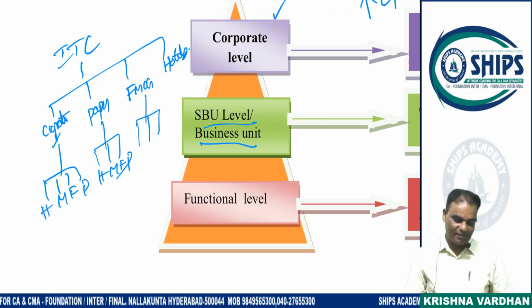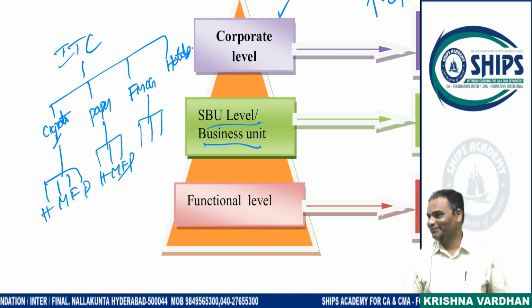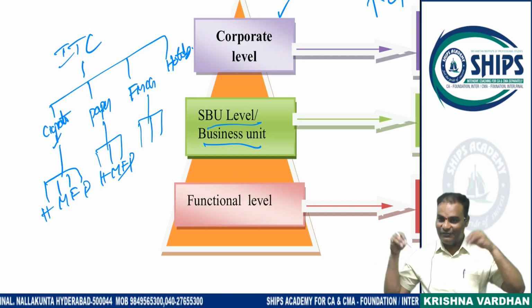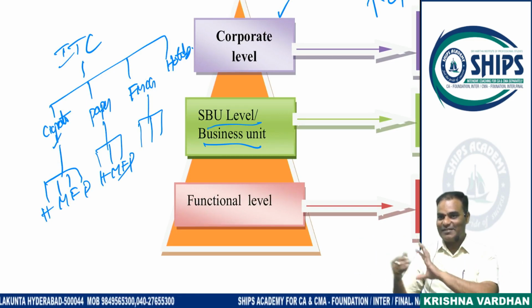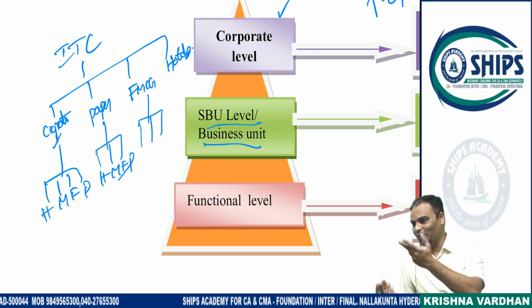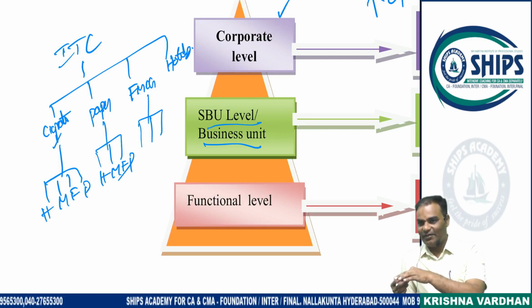There are many fellows who are making cigarettes and ITC is one among them. So they should devise their own strategy to survive in the cigarettes business. Paper: there are many fellows who make notebooks. Your Classmate notebook is again an ITC brand only.